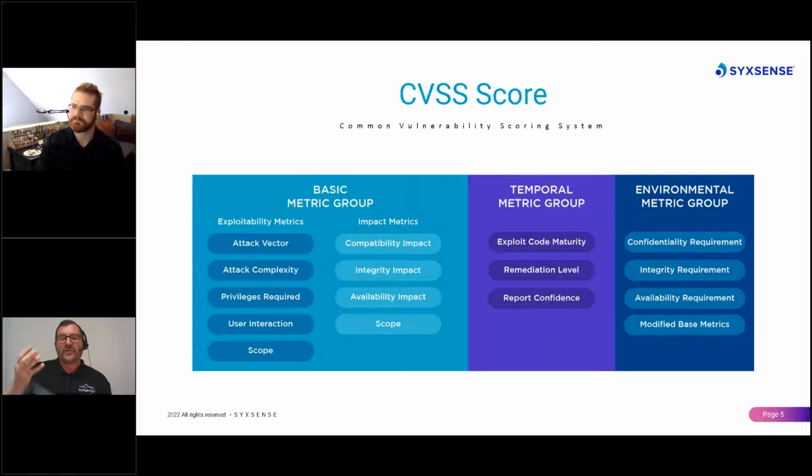It means it can jump out of Google Chrome and into the operating system and move sideways across. So this is very, very important. This is a very excellent scoring system, and we use a lot of this at Syxsense because it helps to create a lot of clarity. Now, as we move rightwards, we're talking about the temporal metric group and the environmental metric group.